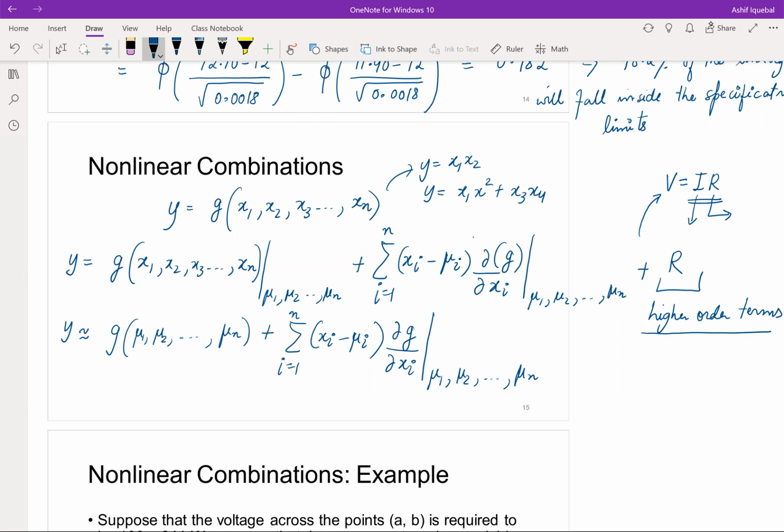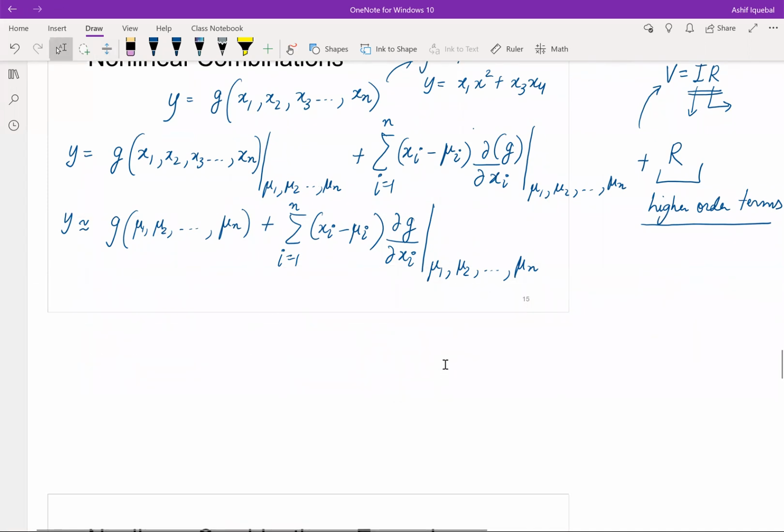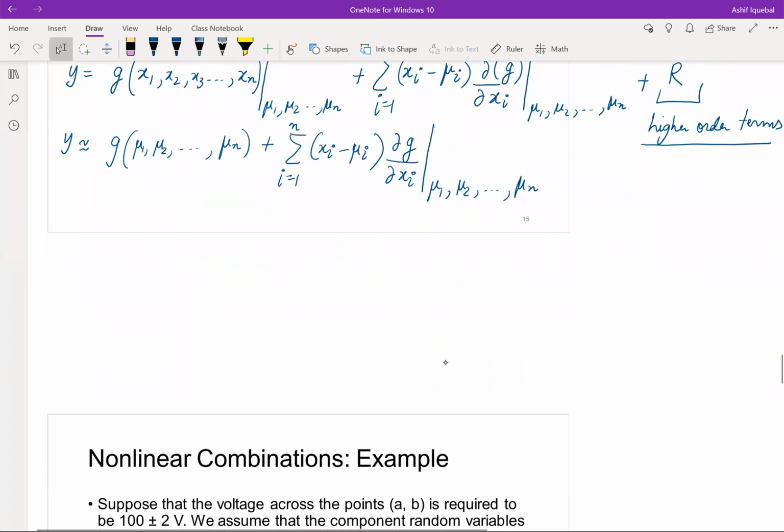Now, once you write this down, let me just extend the page here a little bit. Once we write this down, I can write mu of y is equal to g of mu1, mu2 up to mu n, and sigma square of y. Again, this is an approximation, so to be very precise, let me give an approximation symbol here.